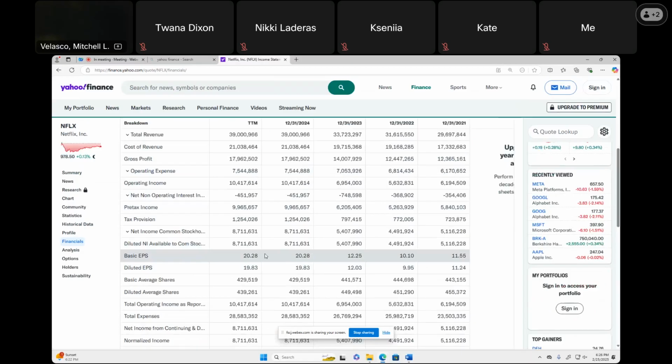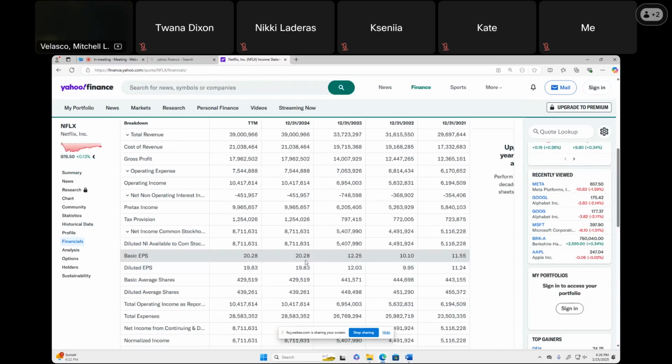And then what about their earnings, their actual profits? So you could scroll down to the bottom line. Notice their earnings per share. So we've got $11.55 a share in 2021, dropped down to $10.10 in 2022. That's okay. Jumped up to $12.25. So basically that's like a 20% increase.